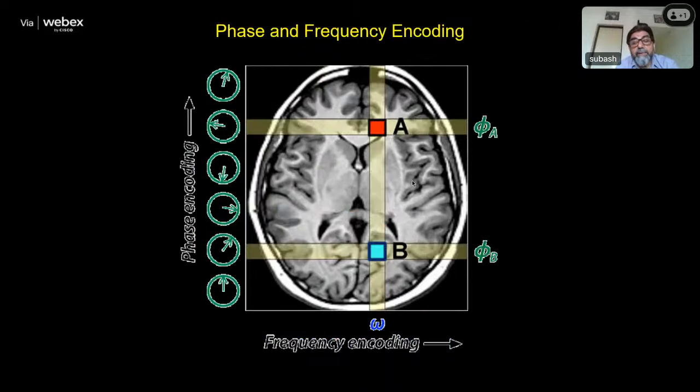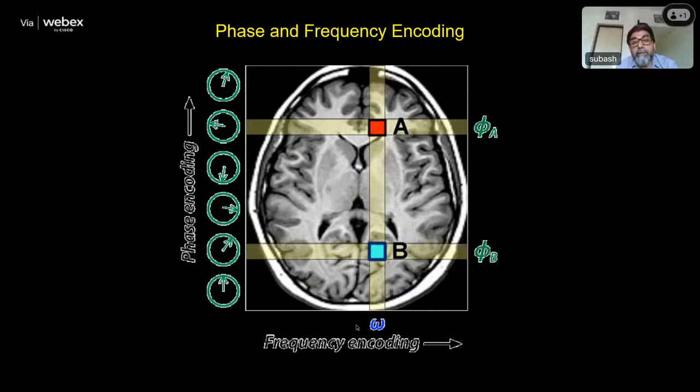Similarly, look at this now, I have selected 2 pixels, pixel A and pixel B. Pixel A and B have the same frequency, but they have different phases. Like this has omega frequency, but phase is phi B. This has omega frequency, but phi A. So these 2 pixels are completely distinguishable on the basis of their frequency and phase combination.